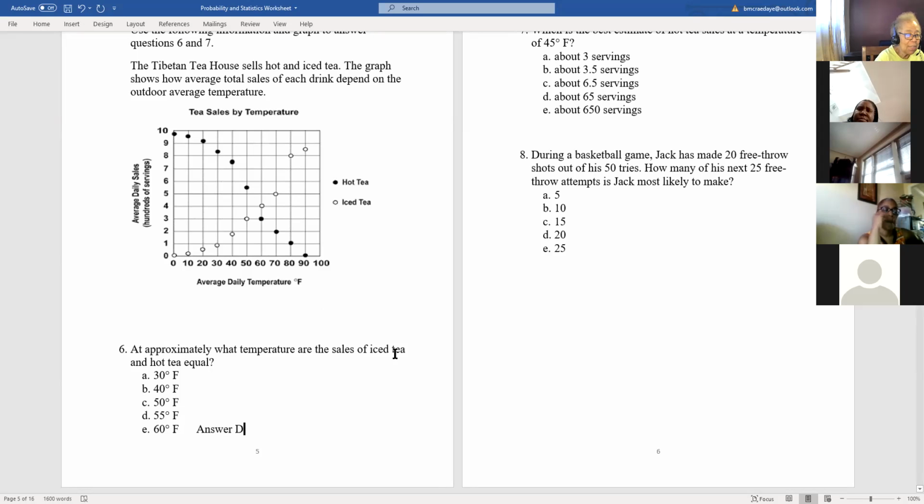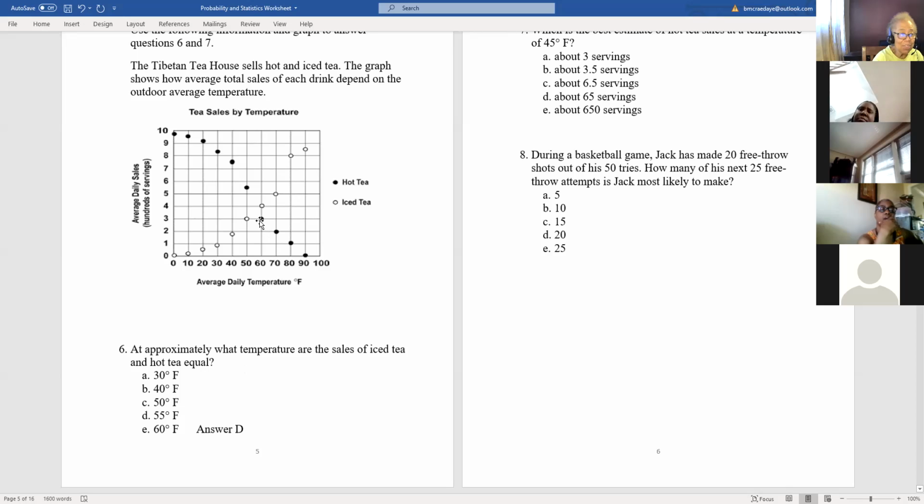At approximately what temperature are the sales of iced tea and hot tea equal? See here, the sales are all on the 3, right? But one is at 50 and one at 60. So approximately it would be midway between, or if you add them up and divide by 2, you get 55. Questions on number 6?